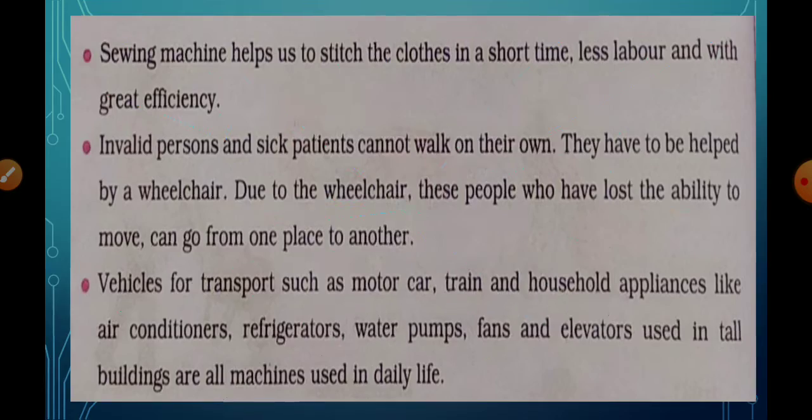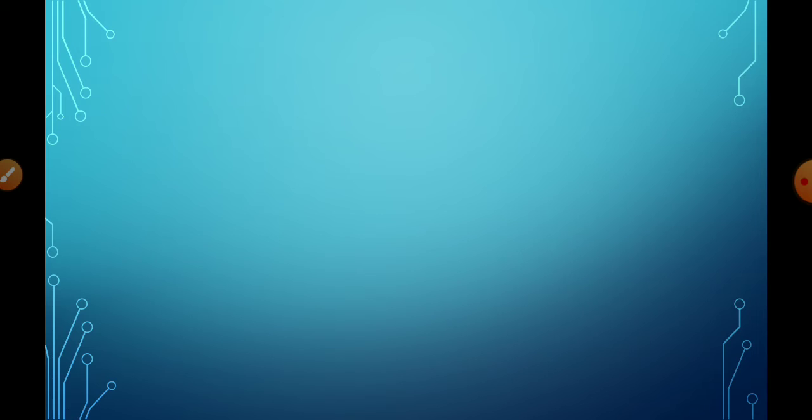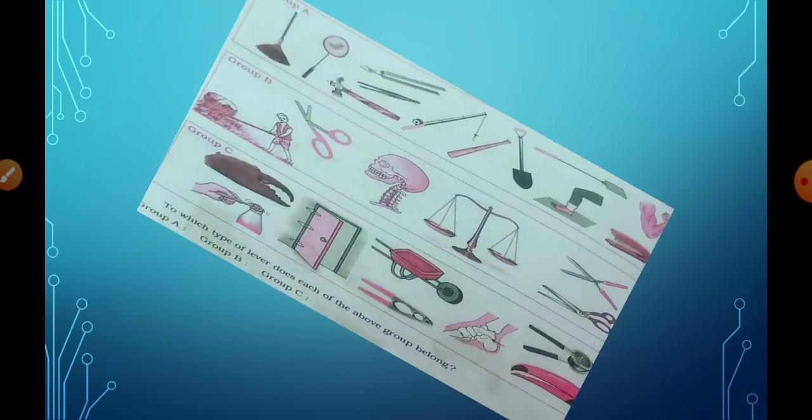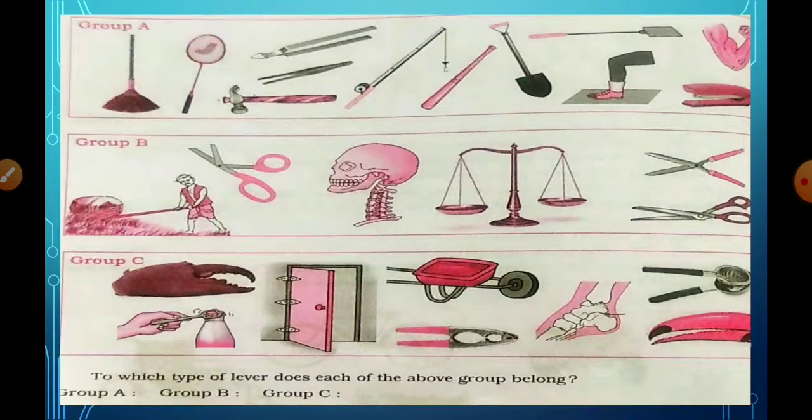The next question. Take a screenshot, otherwise pause the video and write down directly in the workbook. Some pictures are given. They are classified into three groups, group A, B and C. And what is the question? To which type of lever does each of the above groups belong?